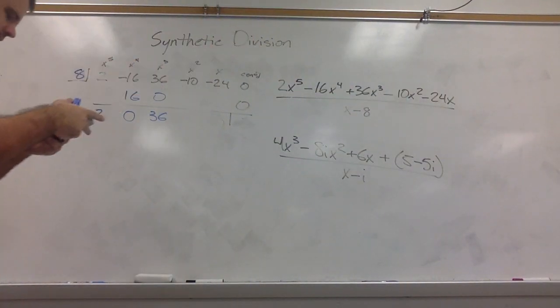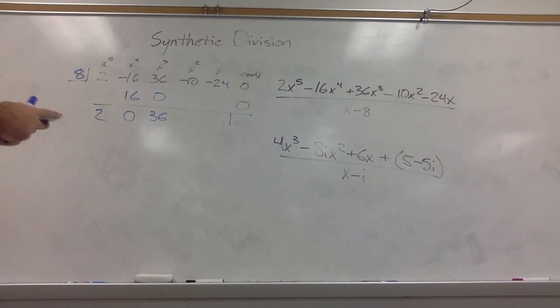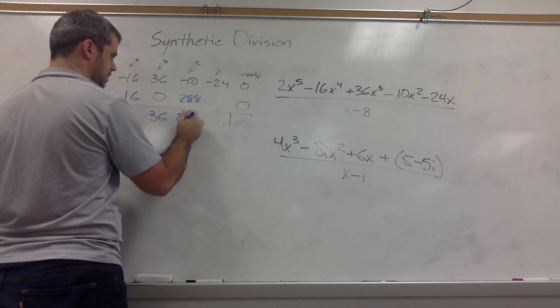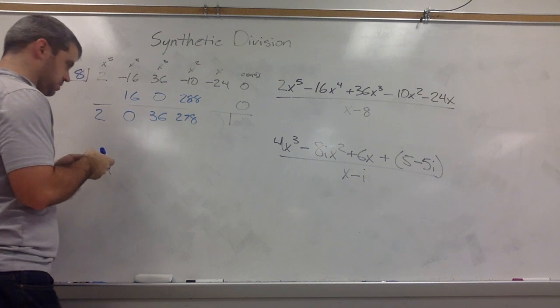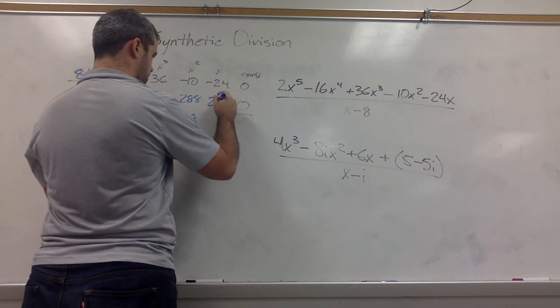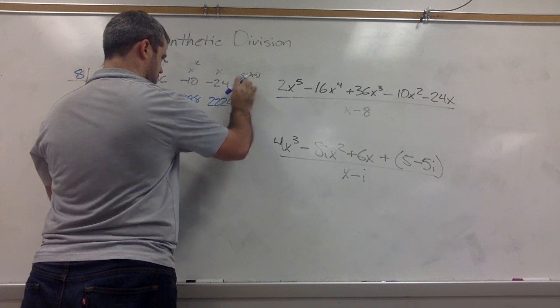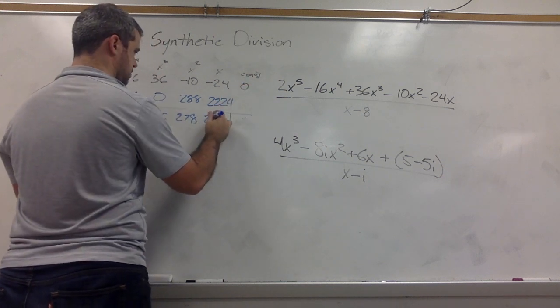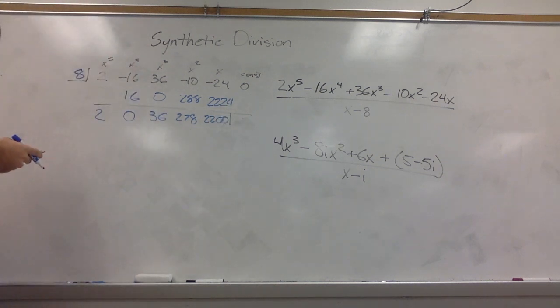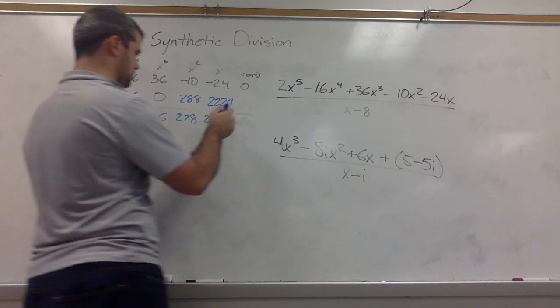We get 36 times 8, which is 288, 278 times 8, 2,224. So we get 2,200 times 8.